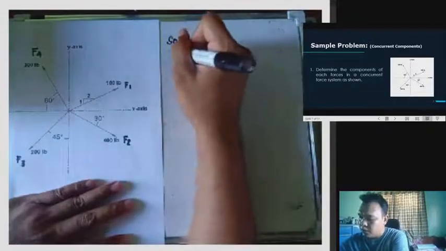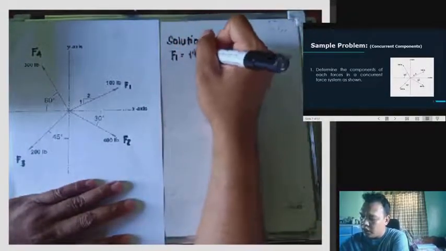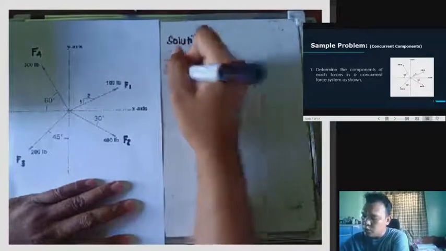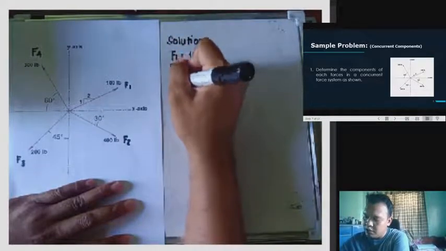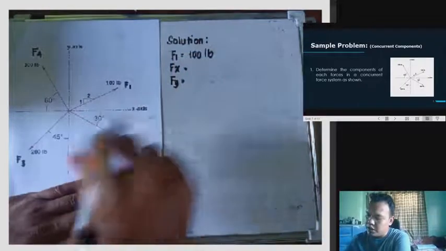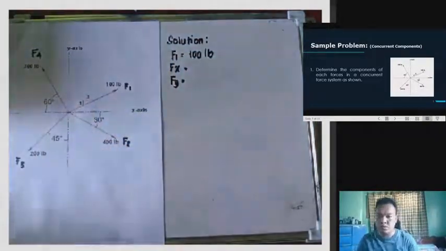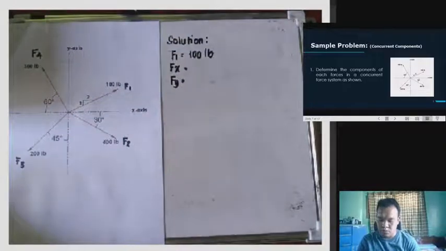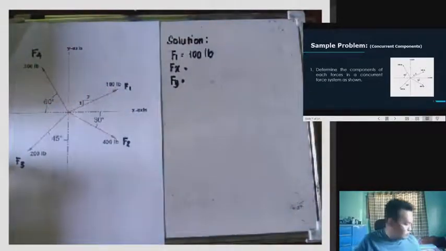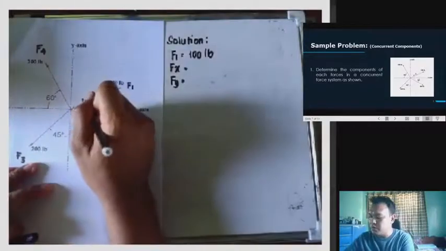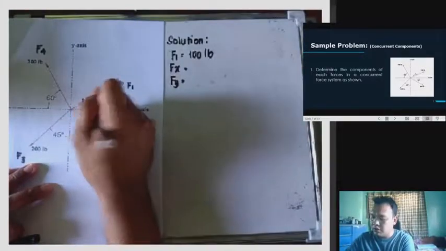For F1, which is equivalent to 100 pounds, we can get the Fx and Fy. Let's say its legs are 1 and 2. So, we can get its hypotenuse through the square root of 1 squared plus 2 squared, which gives us the square root of 5.